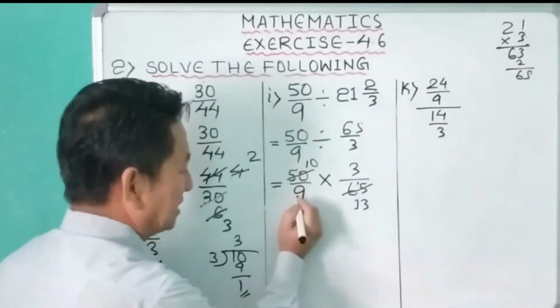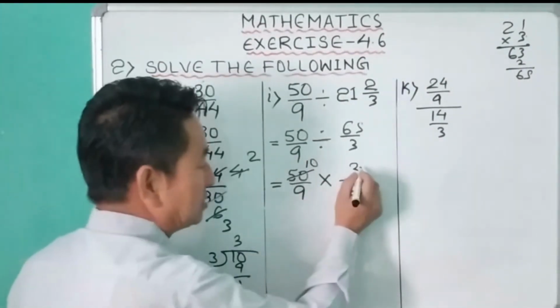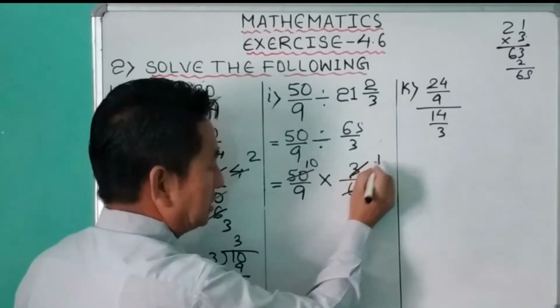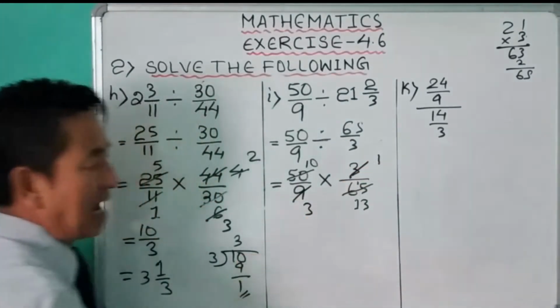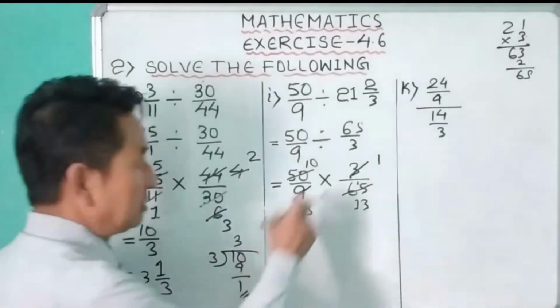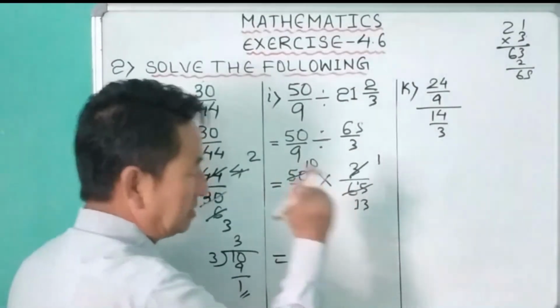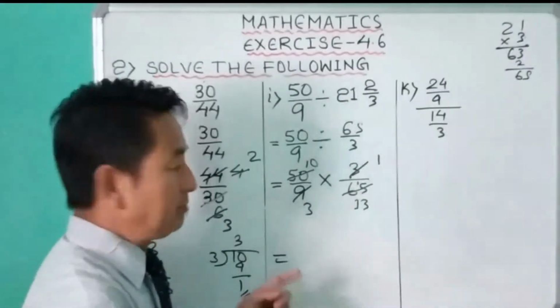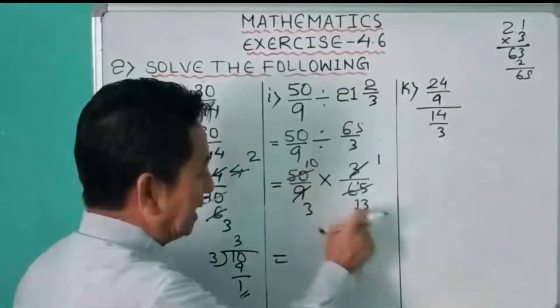Next, 9 and 3 will cancel by 3. 3 1s are 3, 3 3s are 9. Now we cannot cancel 10 and 3, or 10 and 13, because there is no common factor.